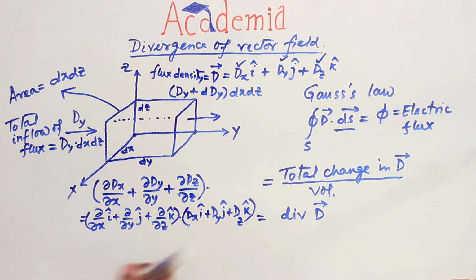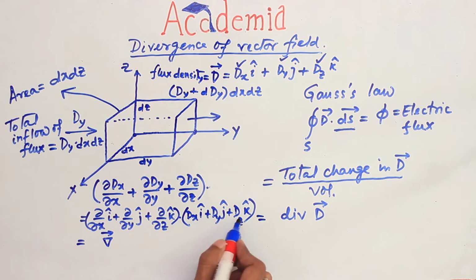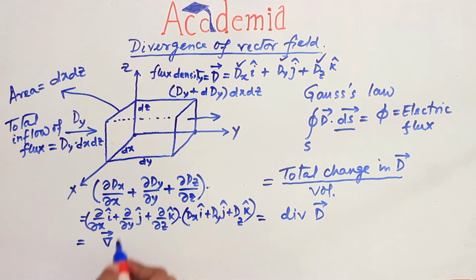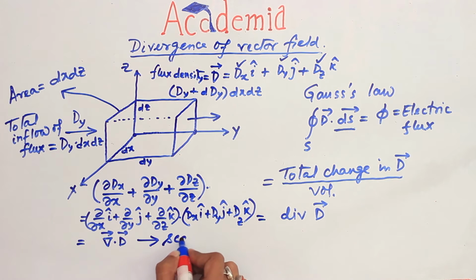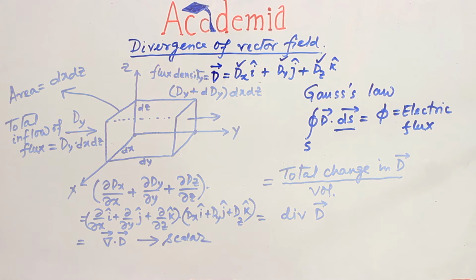We know this is del and this is D vector, so it is equal to del dot D. Since dot product between two vectors is scalar, divergence of D evidently is a scalar quantity.